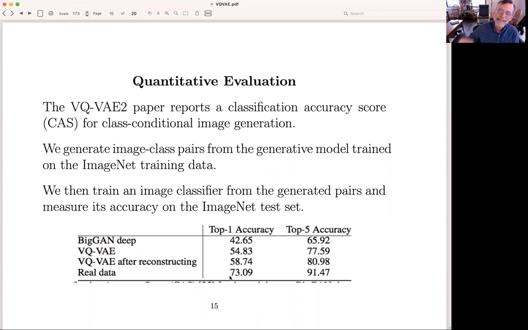And now if you take that same ResNet that you're training on the fake training corpus, and you train it on the real training corpus, it does better. But it's kind of surprising that you can take this fake data and produce a classifier that does quite well, not that much worse than training on real data.